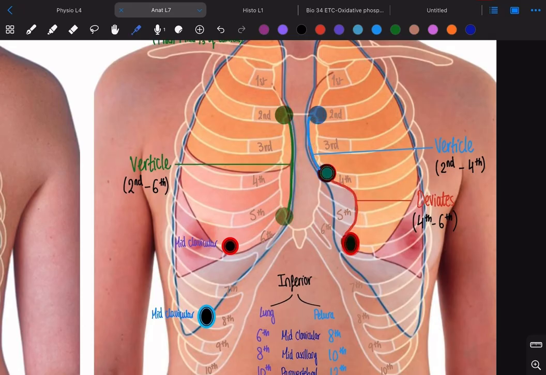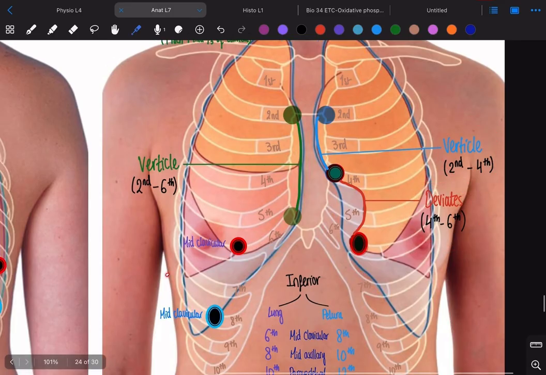So, if we ask about the anterior border of the right lung, it's gonna be second to sixth rib. If we ask about the anterior border of the left lung, it's going to be vertically second to fourth rib, and then it deviates from the fourth to the sixth rib. تمام? Now كده we're done with the anterior.